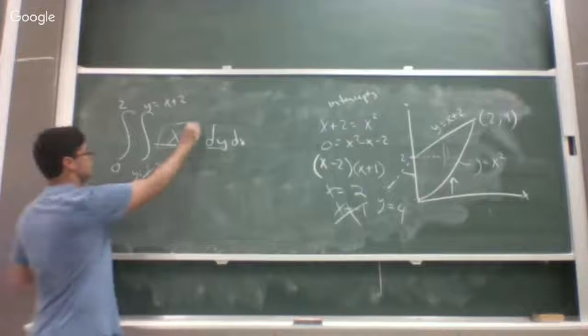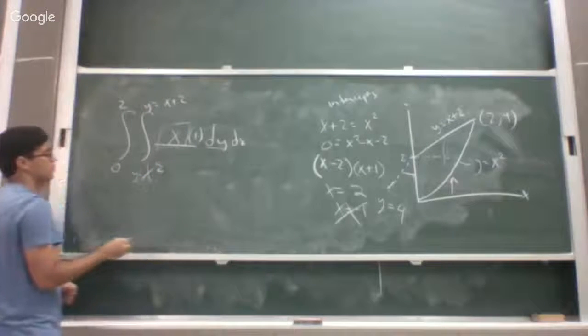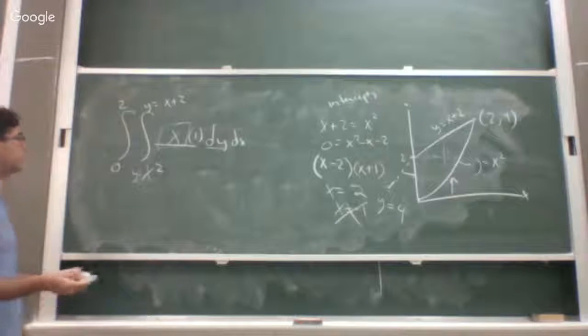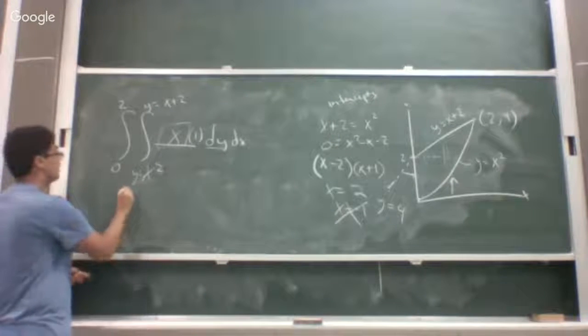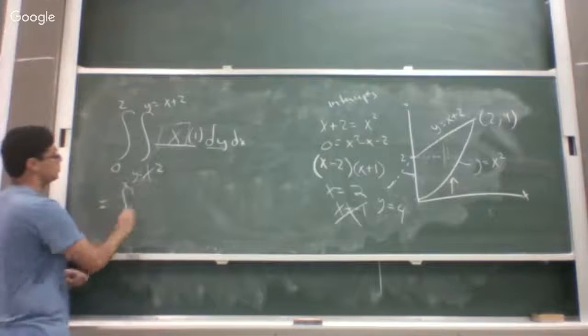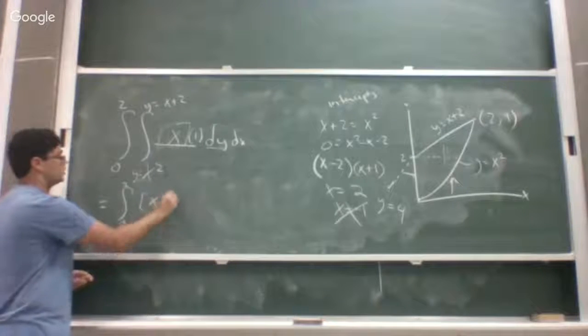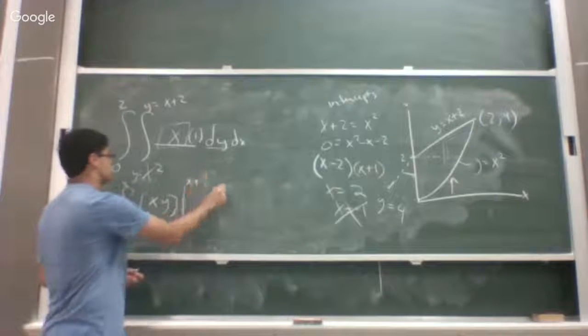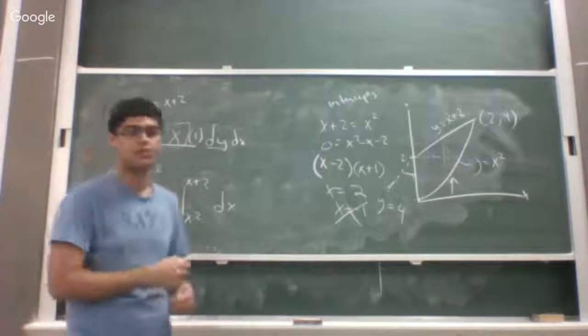Since there is essentially a 1 there and there is no y, the integral of 1 with respect to y is just y. So then we have from 0 to 2 of xy, and the limits on y are x squared going to x plus 2 dx.